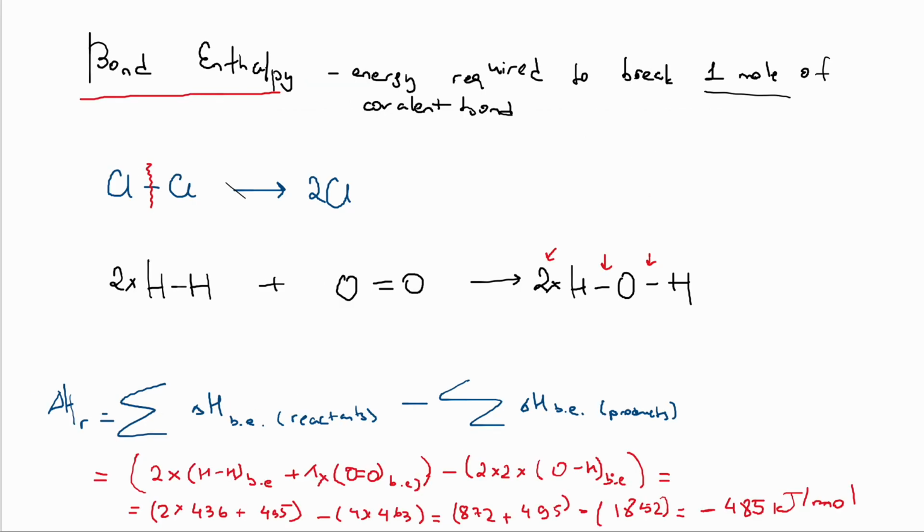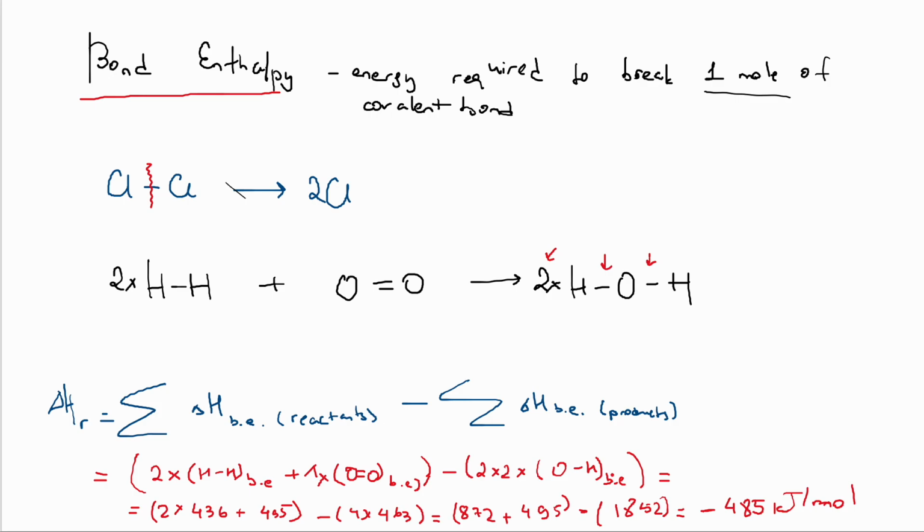For this reaction, when we form 2 moles of water from 2 moles of hydrogen gas and 1 mole of oxygen gas, 485 kilojoules per mole of enthalpy change will be released. So this is how we use bond enthalpy in order to identify the enthalpy change for a given reaction.